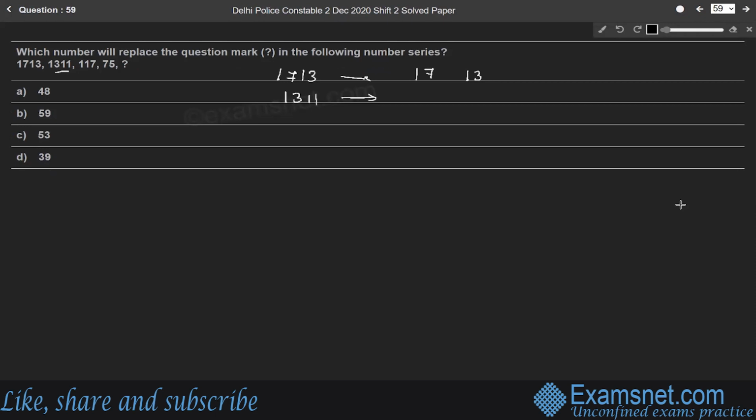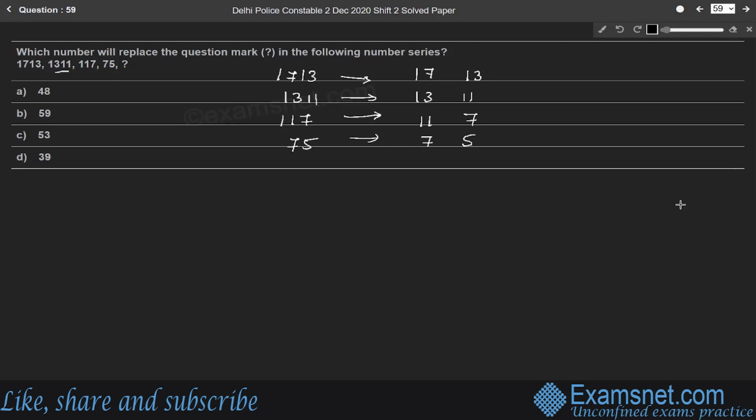Again, it has two prime numbers, 13 and 11. So 117. The next number has two prime numbers, 11 and 7. Whereas the next number, 75, has two prime numbers, 7 and 5. So the given numbers are pairs of prime numbers and their preceding prime numbers. So they are written in decreasing order.